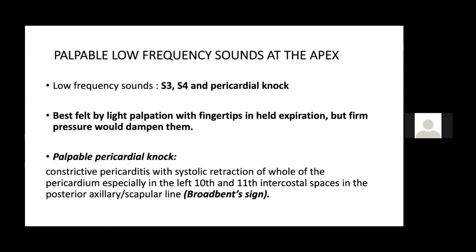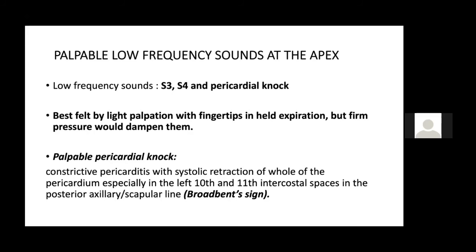The one important differential diastolic event is a pericardial knock, which is usually palpable as compared to the tumor plop and opening snap, which are diastolic sounds and can rarely be palpated. The pericardial knock is the best palpable event in diastole, and it is usually palpated at the 10th and 11th intercostal space on the posterior axillary line or the scapular line.